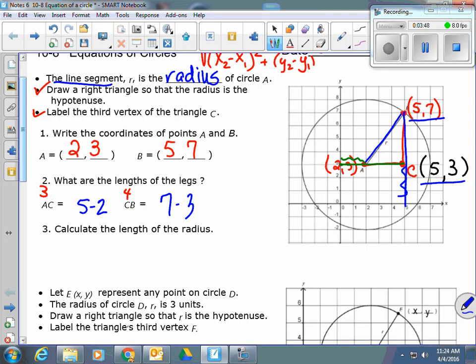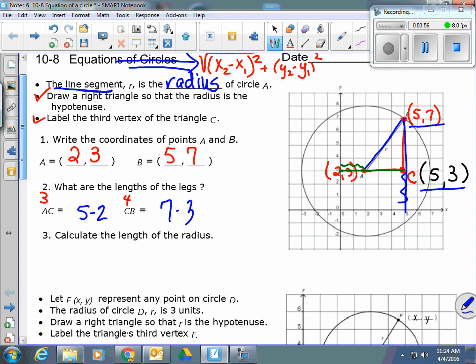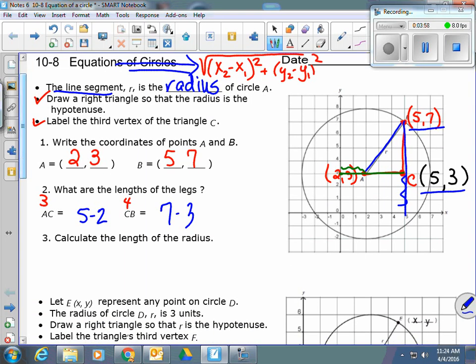So now it says to calculate the length. I want us to think about it by the distance formula. Well, guess what? We just did that. x2 minus x1, that's this right here. y2 minus y1, that's this piece right here. So if I had a square root, and then it would be 5 minus 2 squared plus 7 minus 3 squared.